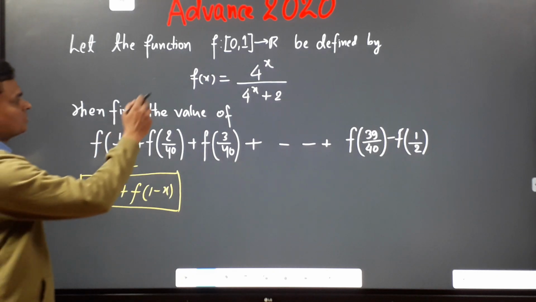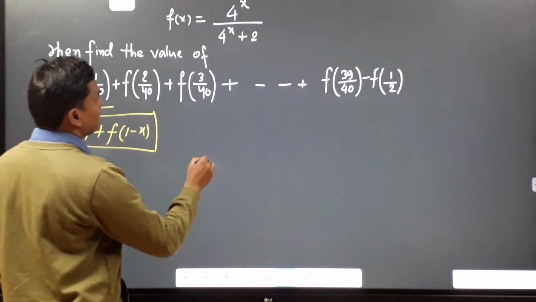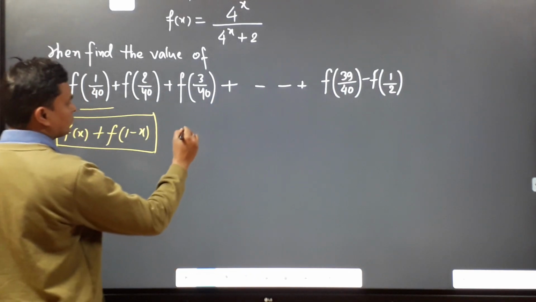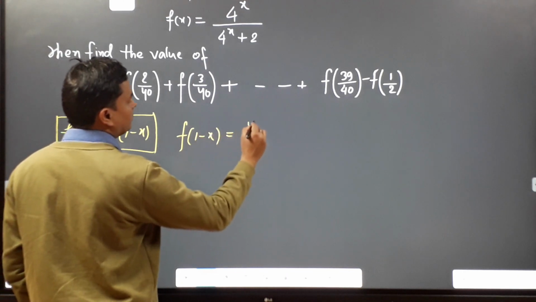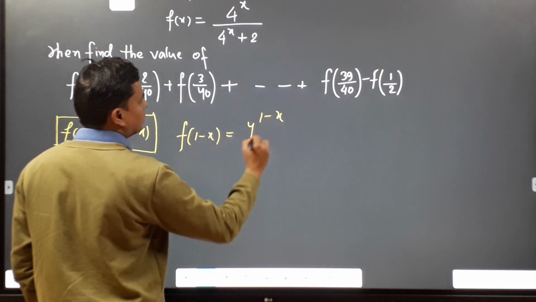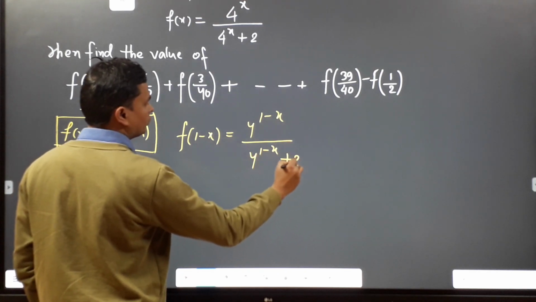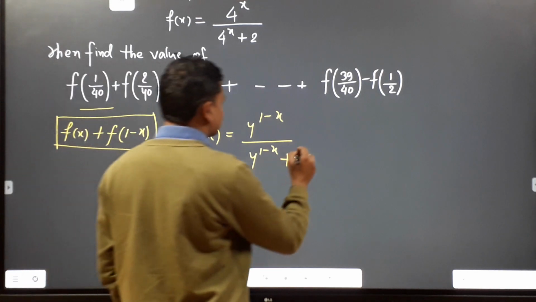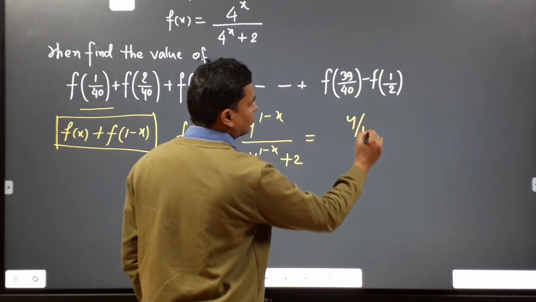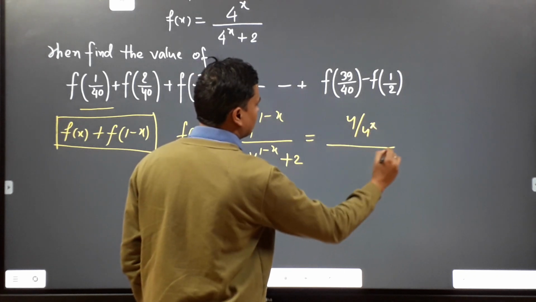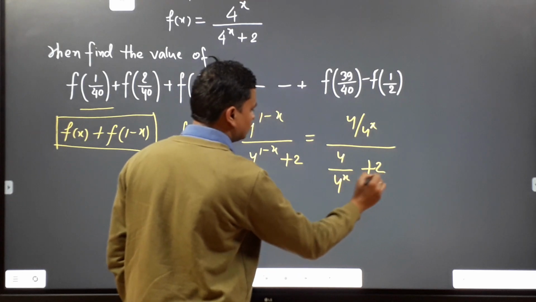Now let us substitute and first calculate the value of f of 1 minus x. This would be 4 to the power 1 minus x upon 4 to the power 1 minus x plus 2. This can be written as 4 upon 4 to the power x, divided by 4 upon 4 to the power x plus 2.